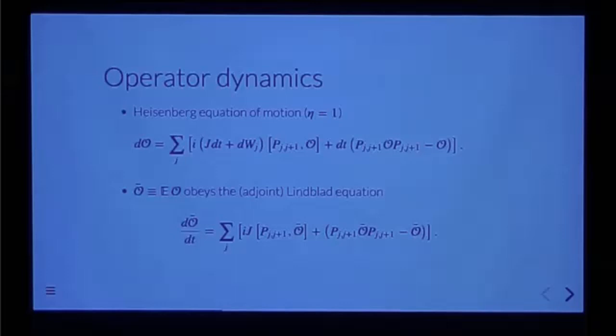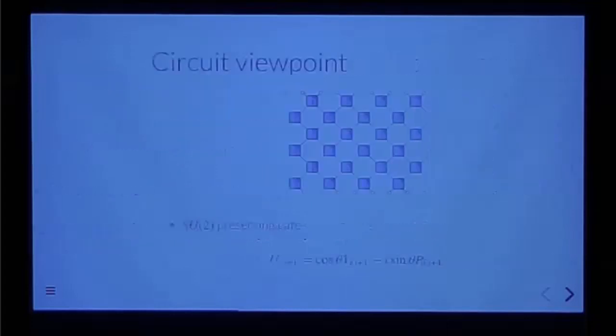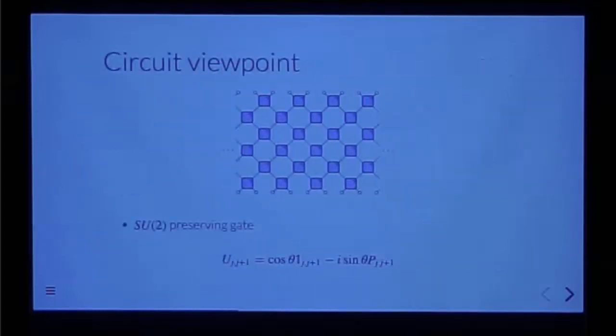If it's a bit slick to do this sort of stochastic calculus Ito business, let me give you a more pedestrian derivation, which is the way, of course, we did it the first time. These days we're used to thinking about dynamics in terms of unitary gates acting on pairs of sites.